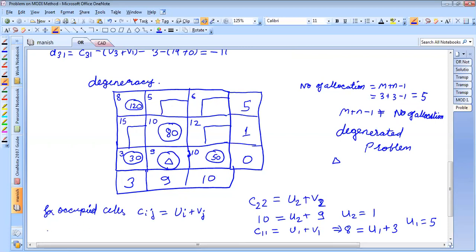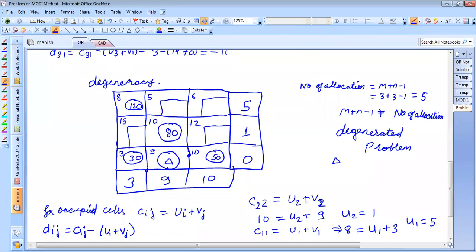So I'll calculate this value. This value will be equal to Dij. Dij is equal to Cij minus of Ui plus Vj.